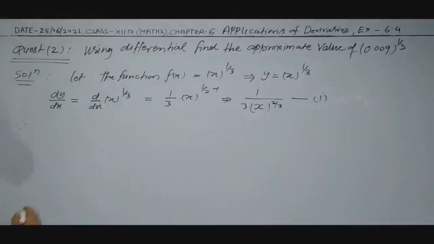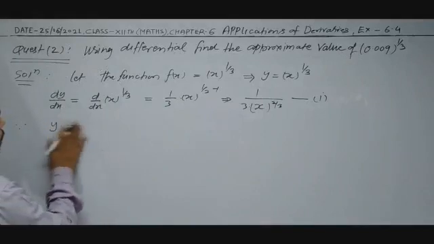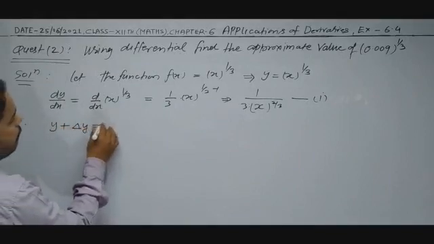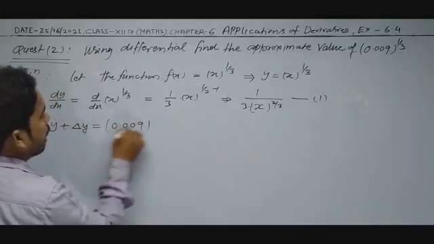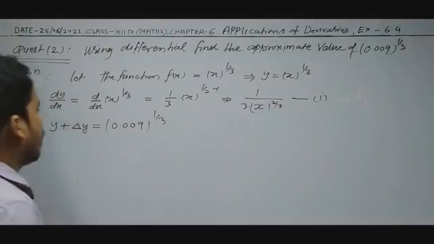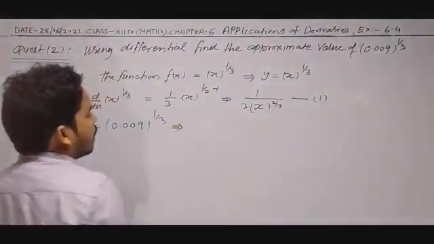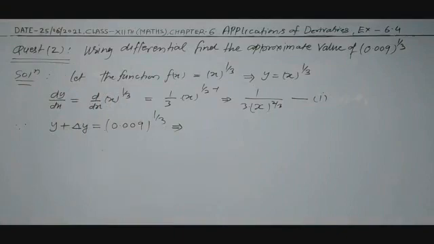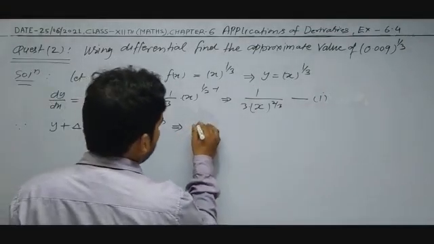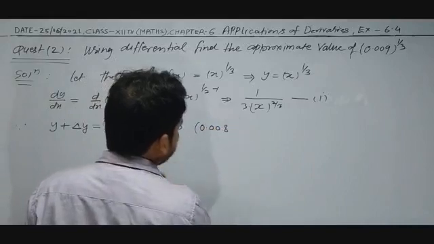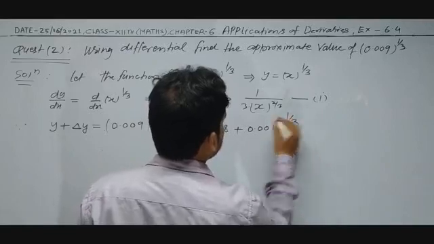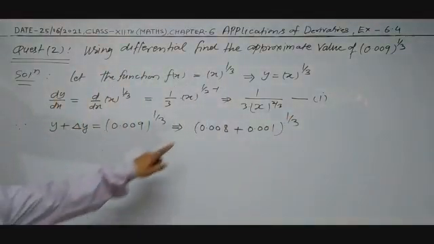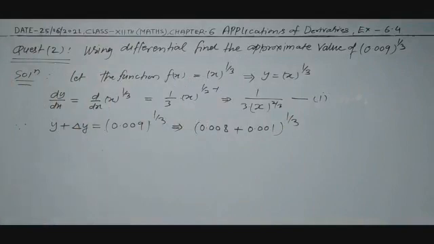Now since y plus del y is equal to 0.009 to the power 1/3, this one can be written in terms of an exact cube, that is 0.008 plus 0.001 to the power 1/3, because 0.008 is the cube of 0.2.